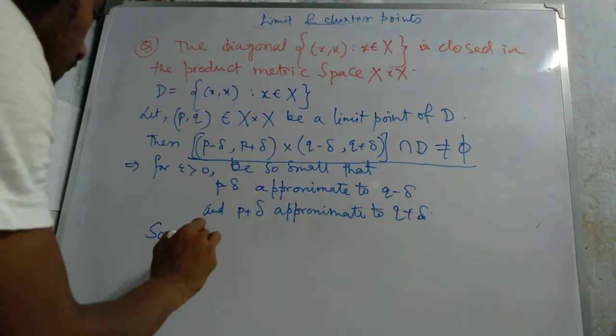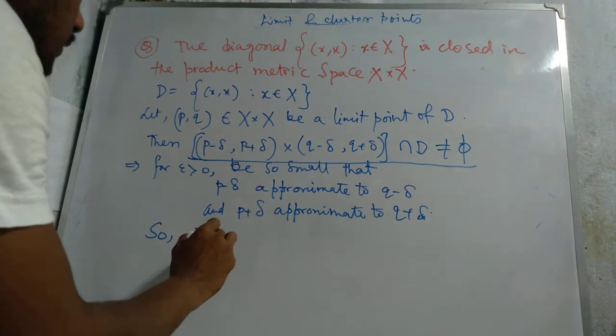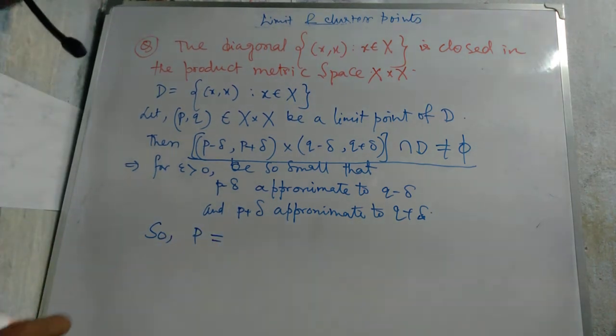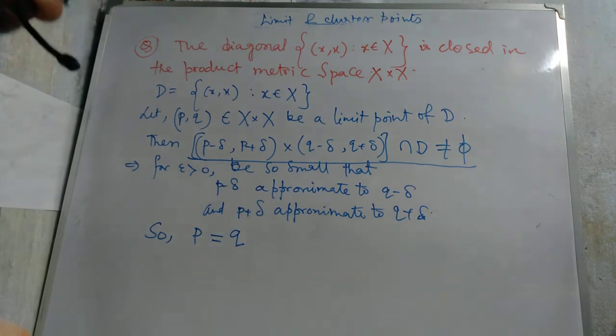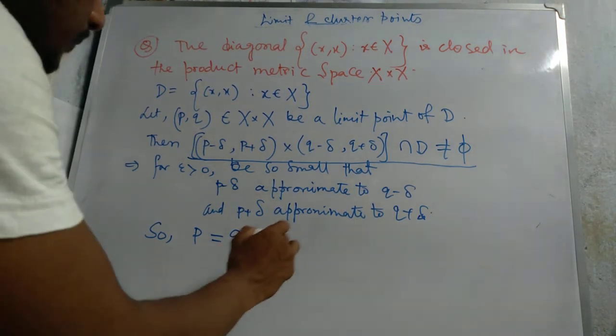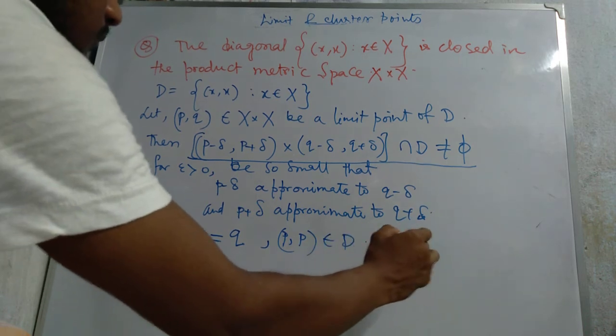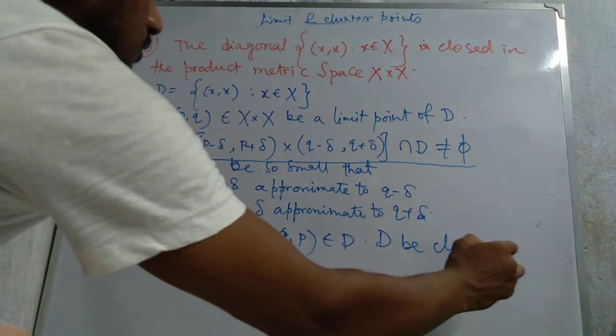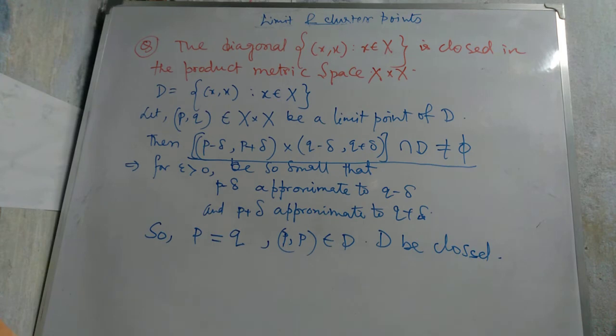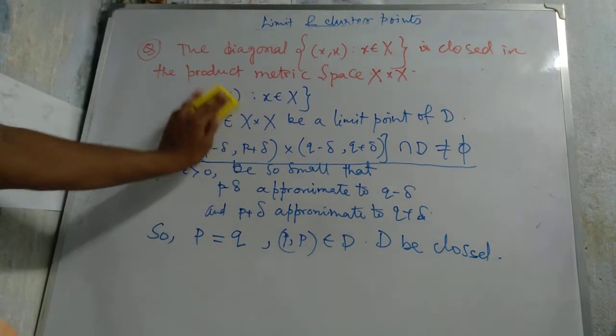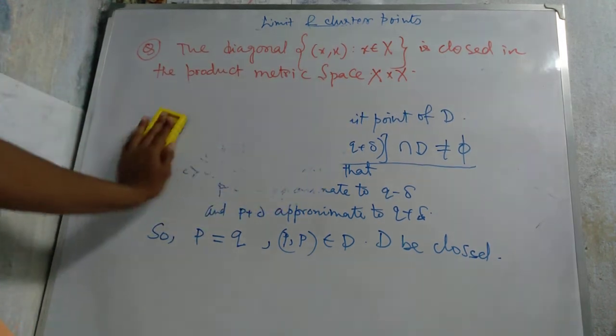So P equal to Q, then P belongs to D and D is closed. Okay, in this way we do this problem, and another way we also logically develop.